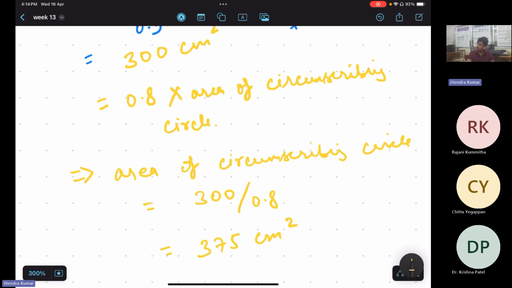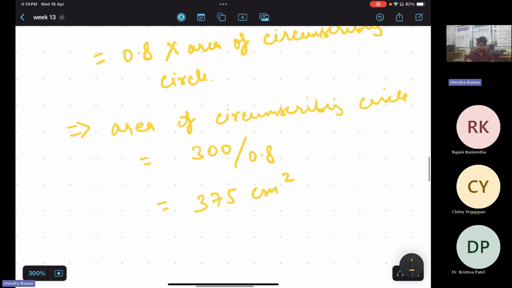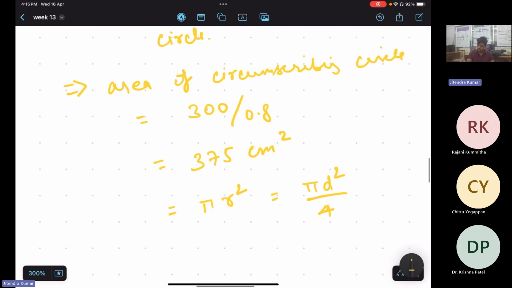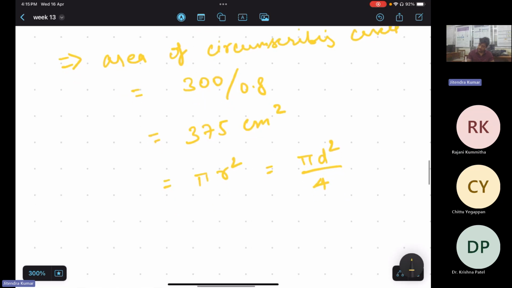Now the question asks for the diameter of the circumscribing circle, which we have to calculate. So it will be pi r square or pi d square by 4, right? With r equal to d by 2 if you plug in. So here d will be under root 4 into 375 by pi, isn't it?